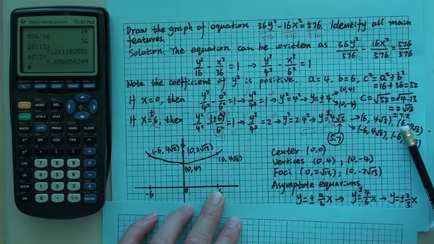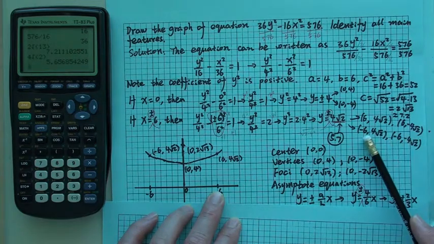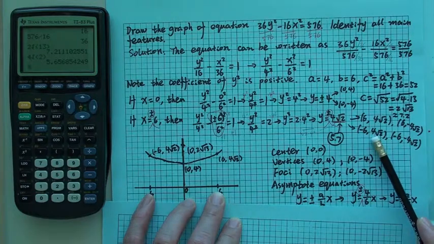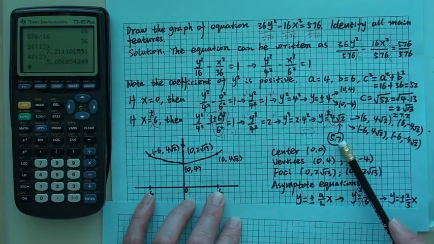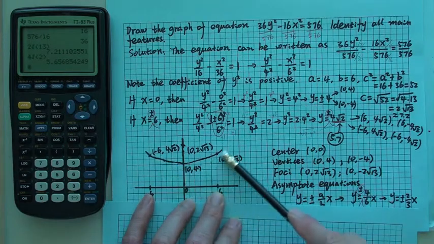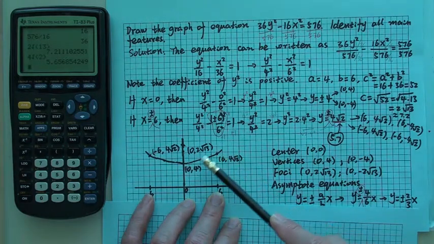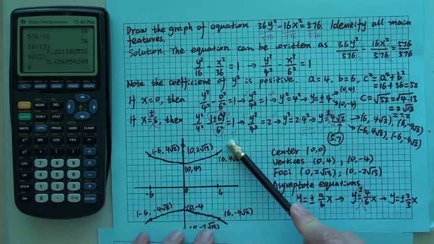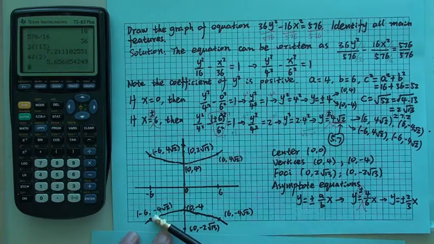And when x equals negative 6, that's one here, you have 4 radical 2 again, which is 5.7. So you can then draw a top branch. Here was the vertex, we know. Similarly, downstairs, you have another branch.